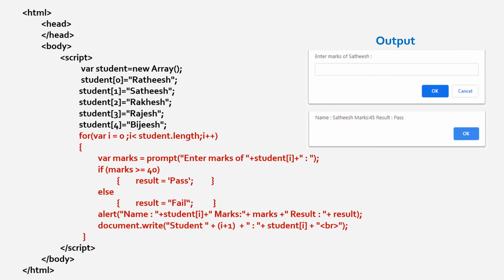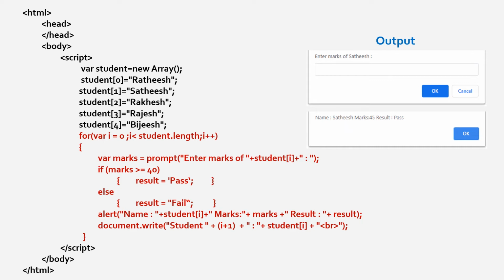For initialization, what we need to do is the index of the array. Index should start from 0. So we need to initialize to 0. Then it will check 0 less than the maximum length, now here it is 5. 0 less than 5, okay, less than 5. Condition is true. So it will enter into the body of the loop.